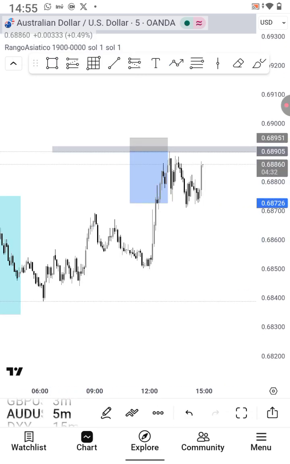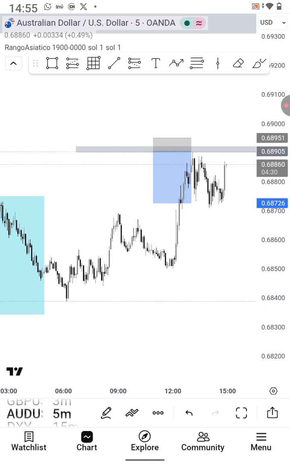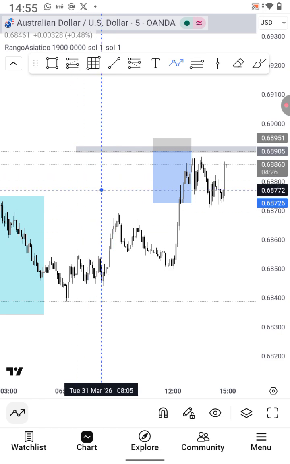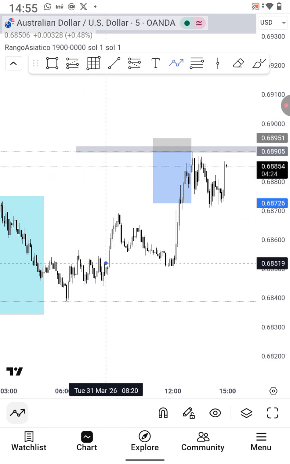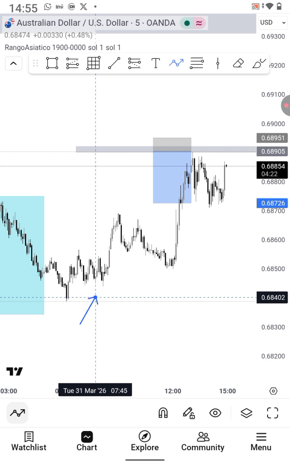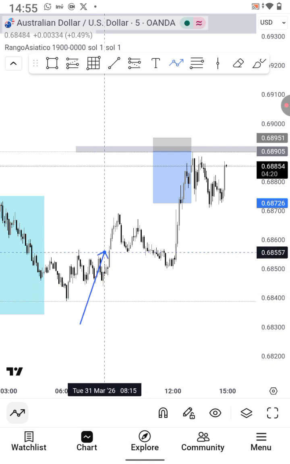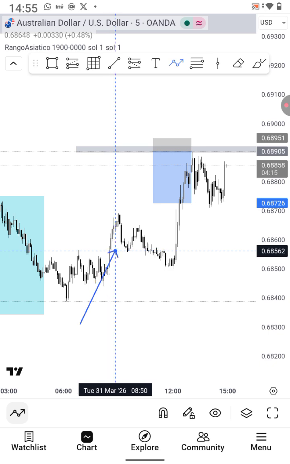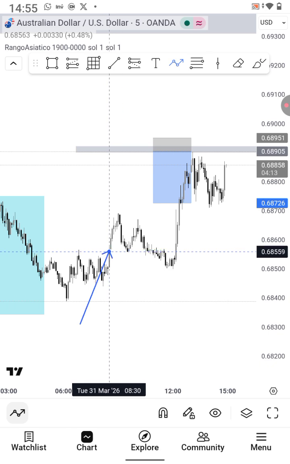So this is the trade I took today. Immediately I saw these sweeps. Can you see sweep liquidity, break structure and leaves a gap? This is where I entered today.